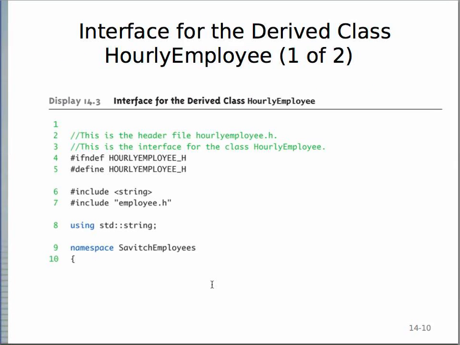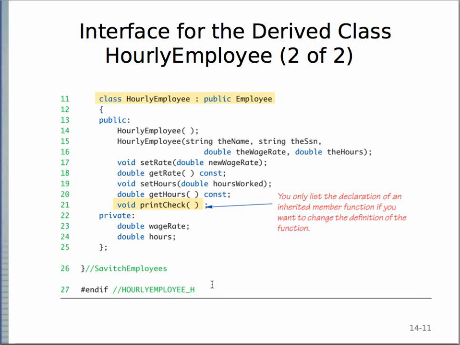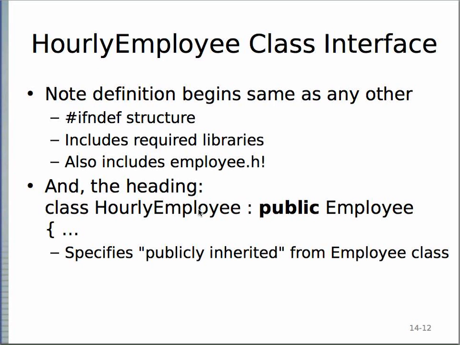Okay, so all of these things you've seen in Java, I hope. And so I'm going to skip this example, which we just saw in Eclipse. So we concentrated on the printcheck function because it doesn't make sense to have a printcheck function for a generic employee.